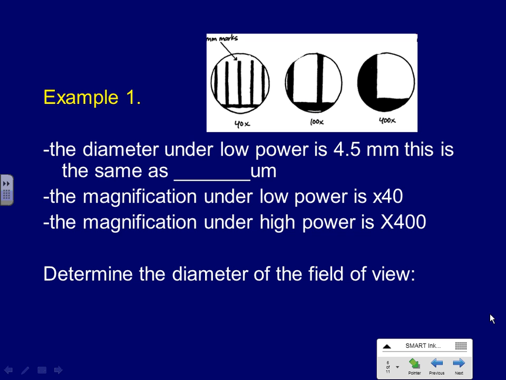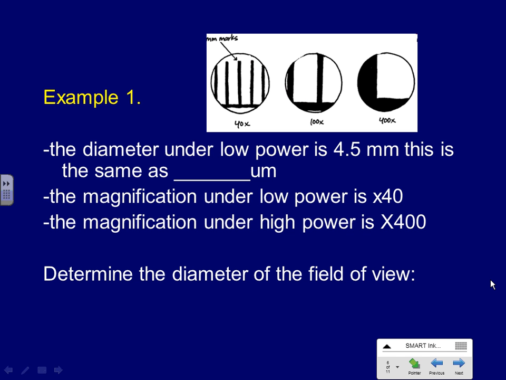Okay. So example 1. Now you're not going to be able to draw the picture here, so you might have to make reference to the PowerPoint. But this is how we determine the diameter of a microscope's field. We're going to use a regular millimeter ruler, and we're going to look at it under low power.